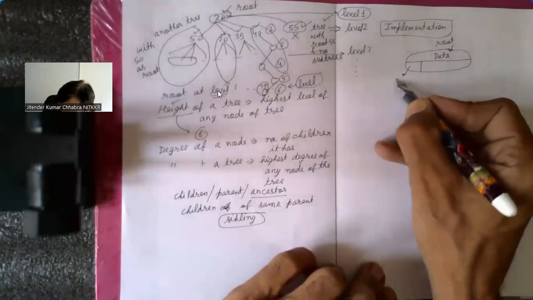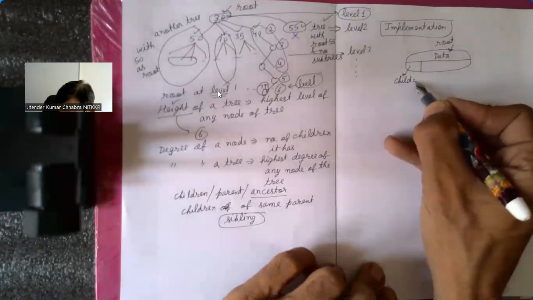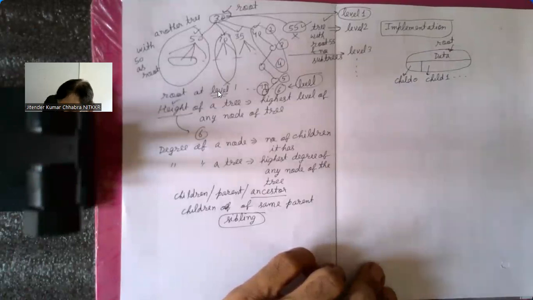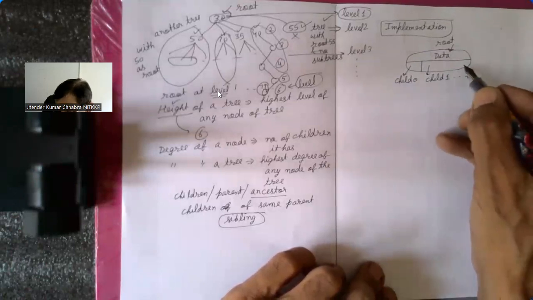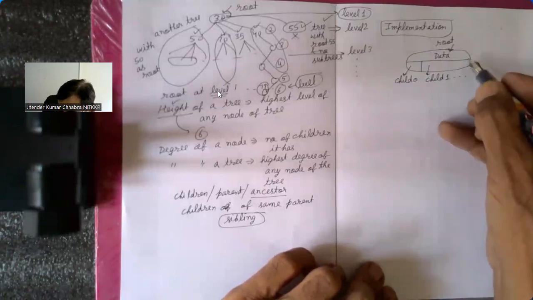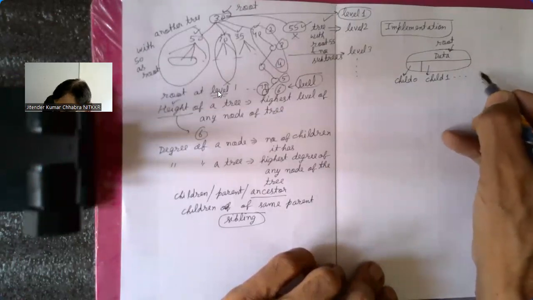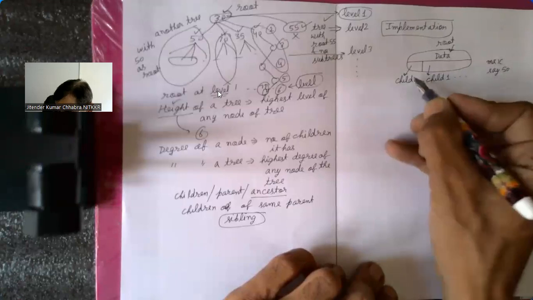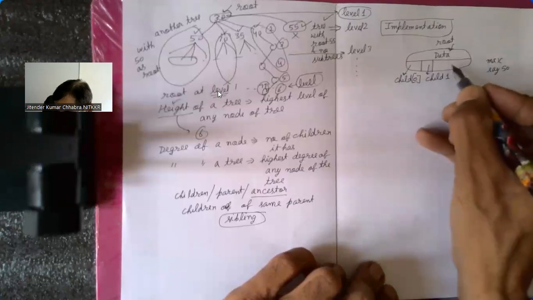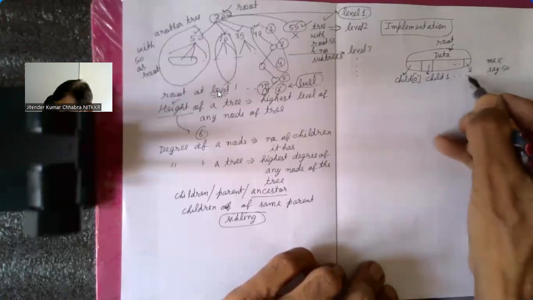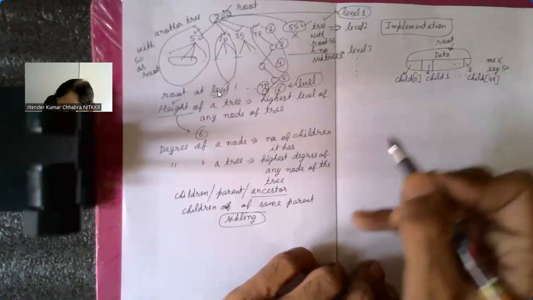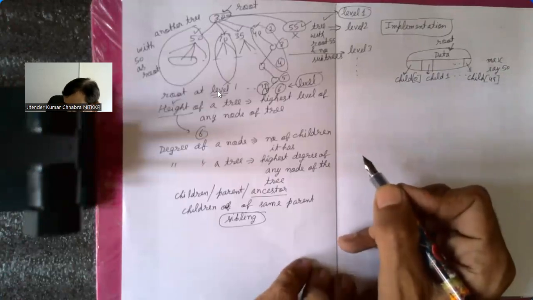So maybe I'll say, this is your child 0, this is your child 1, and so on. How many? There can be theoretically infinite children, but from an implementation angle, we will assume a certain maximum number of children. Maximum degree I will assume, let's say 50. So then I can treat them as child 0 to child 49, various children, so that I can refer to them.